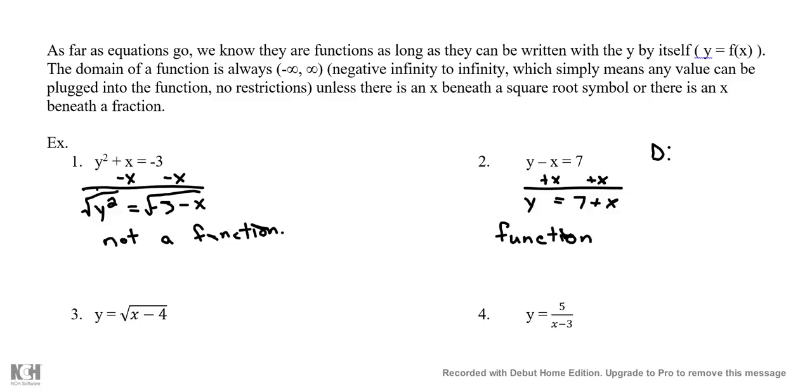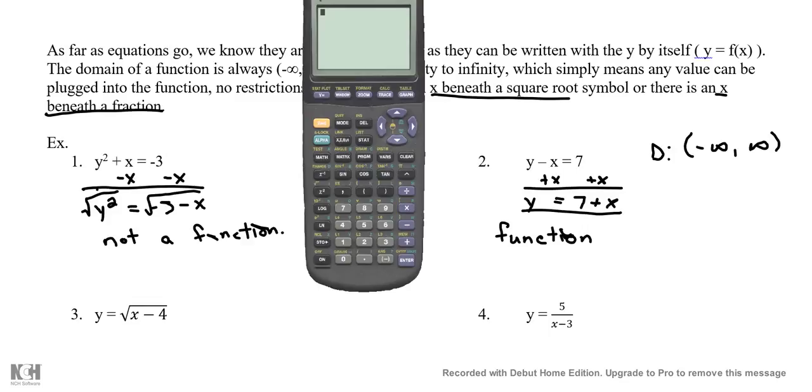Well, do I have x beneath the square root? No. Do I have x beneath a fraction? No. So my domain is negative infinity to infinity. And we can kind of see that from the fact that this is the graph of a line. And I will show you what I mean by that.